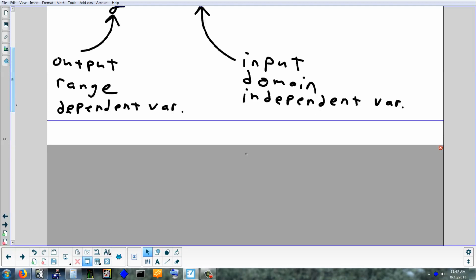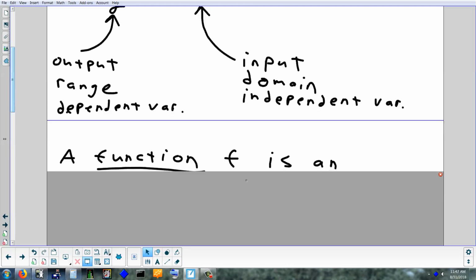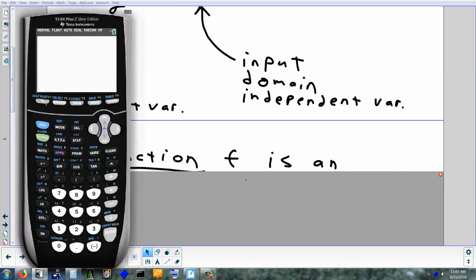Does anybody remember what a function is if you wanted to define it? Like certain graphs are functions, certain graphs are not. Depends. Anyone remember what has to happen for something to be a function? Yeah? Okay, there has to be like a predictable way you're getting the points, like y equals x cubed minus 3x.